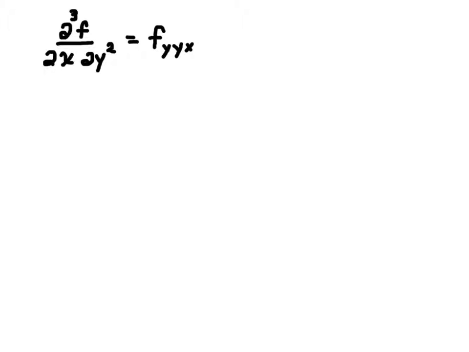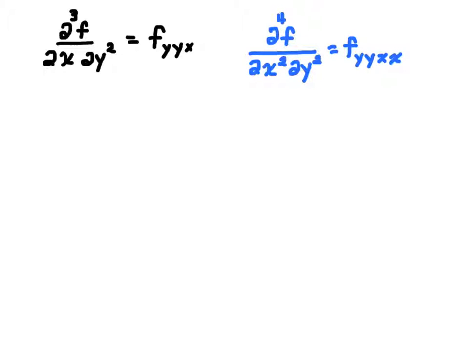We could take the fourth partial derivative of f, first with respect to y, then with respect to y again, then with respect to x, then with respect to x again. And this would be written as the partial derivative first with respect to y, then with respect to y, then with respect to x, and then with respect to x again. So hopefully you're seeing the pattern here.